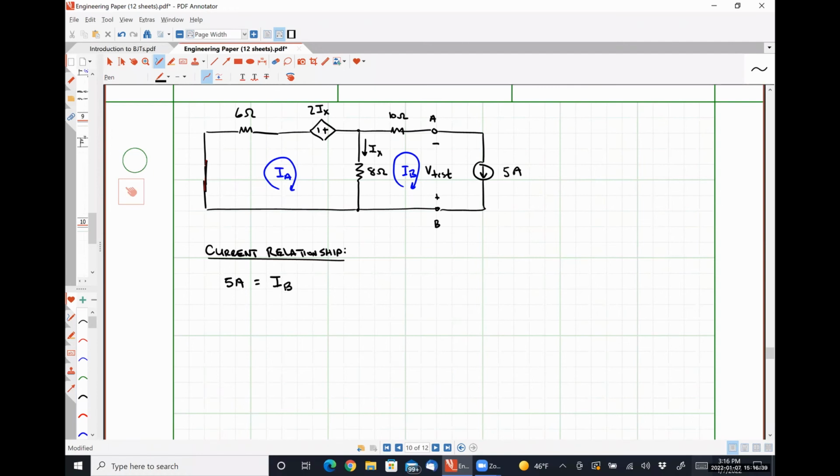We have a controlling variable. I think at this point, this is the 3rd time we're doing this, so I'm just going to go ahead and say that obviously IX is equal to IA minus IB, like it has been the previous 2 times that we've done it.